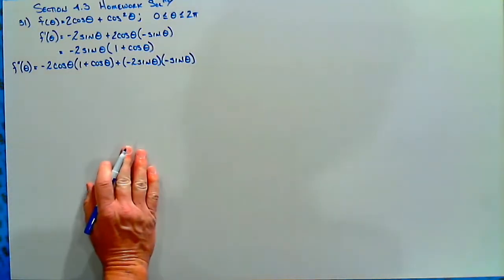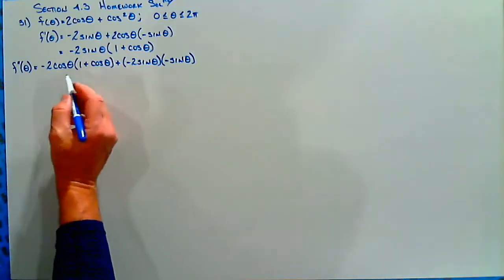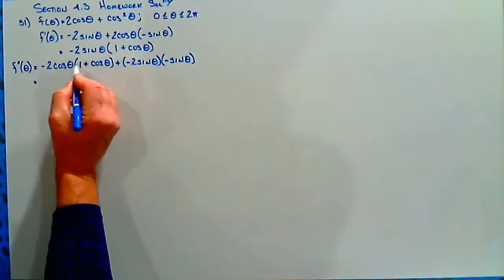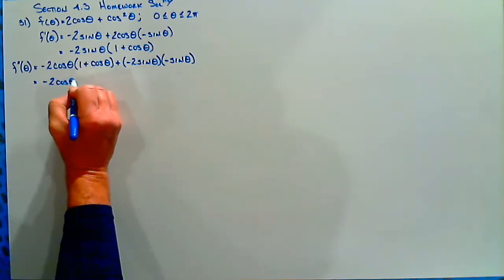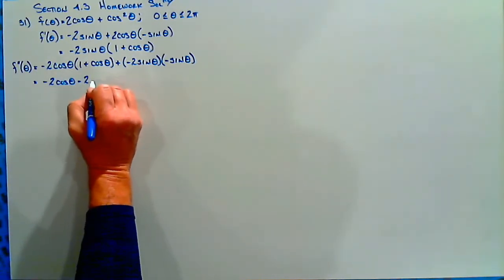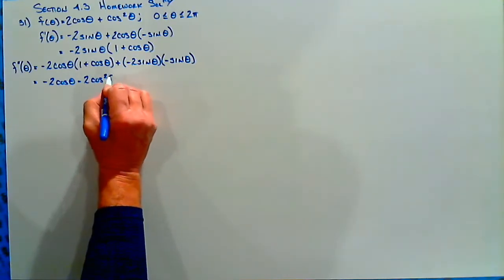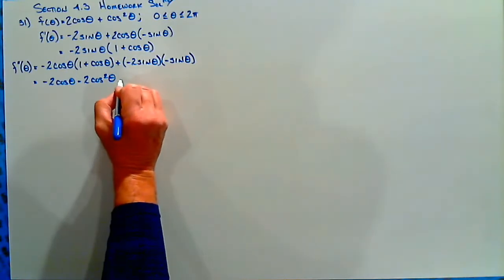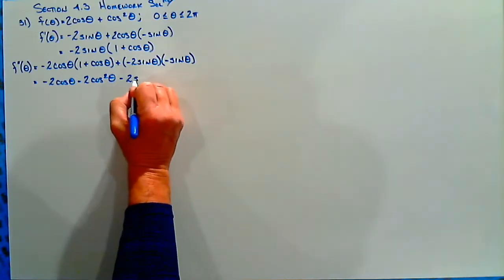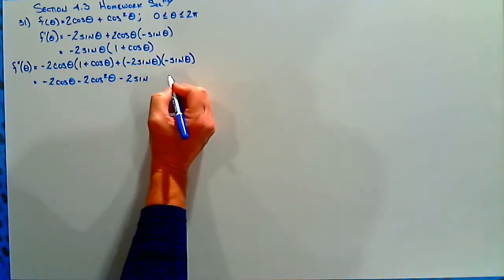Now what can we do here? Well, if we expand this, multiply it out, we have minus 2 cosine of theta minus 2 cosine squared theta. Over here, we have minus 2 sine squared theta.